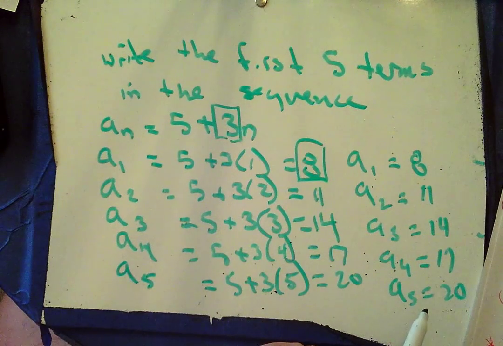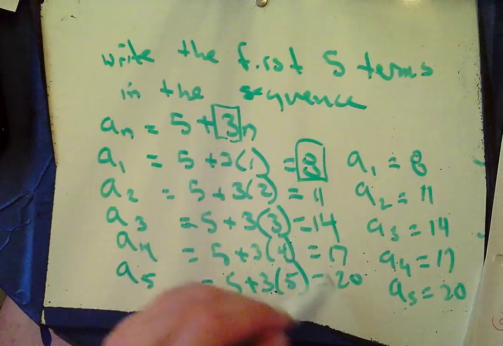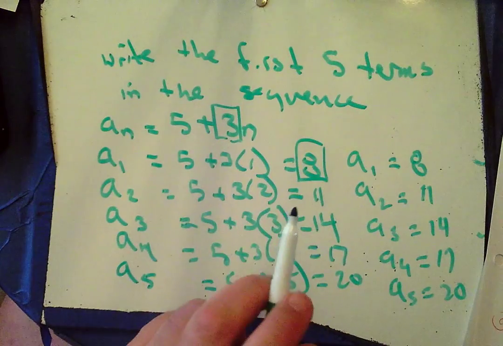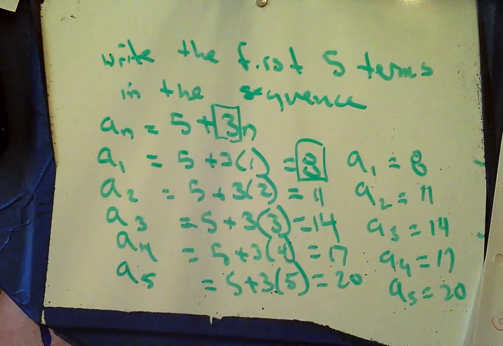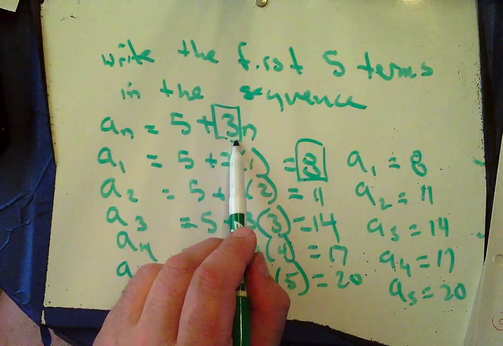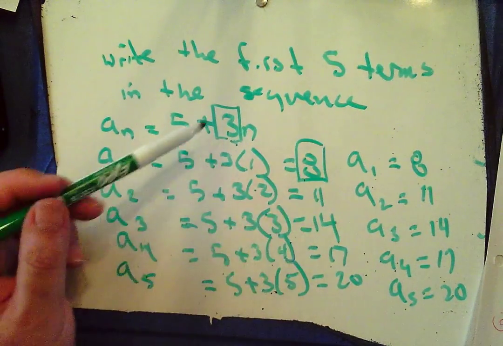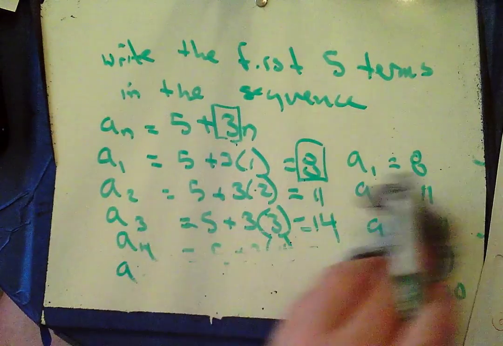And of course that will always work. That's certainly preferred for speed, and this one tells us how we're generating these values by using this sequence. Okay, so either I'm going to find the value of the first term and keep adding the common difference, or I'm just going to be plugging in the first 5 term numbers into the rule.